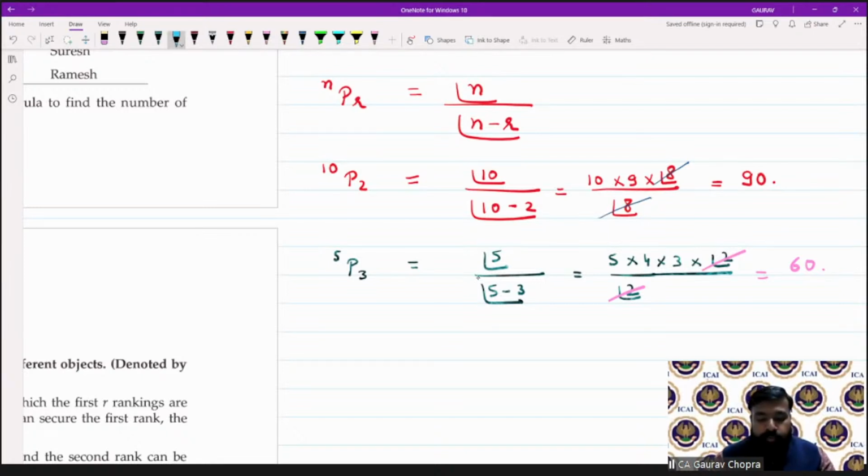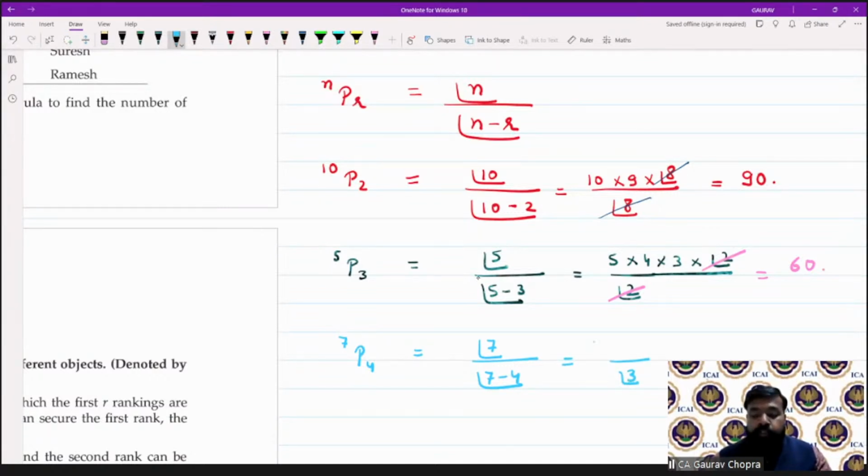Let's try a few more. 7P4. Factorial 7 upon factorial 7 minus 4. So in the denominator, we have factorial 3.